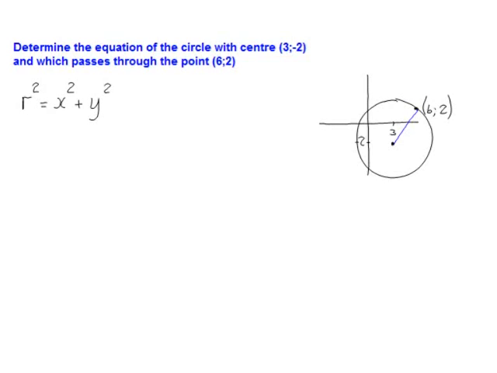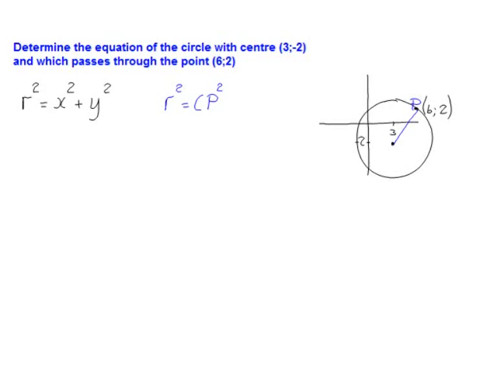R squared is equal to x squared plus y squared. I'm going to call this point over here point P, so just put a P over there. So we can say r squared is actually CP squared.